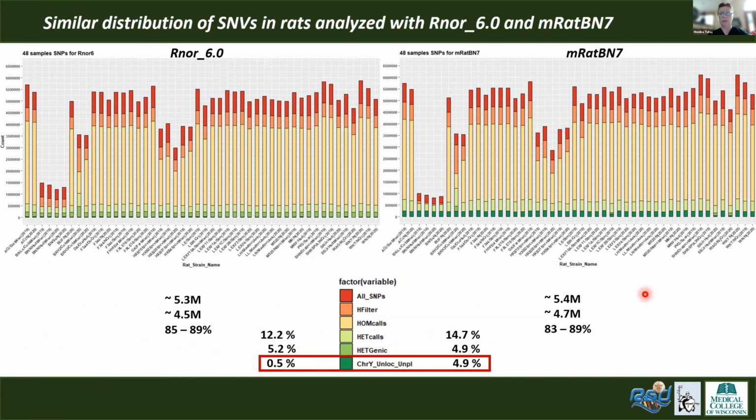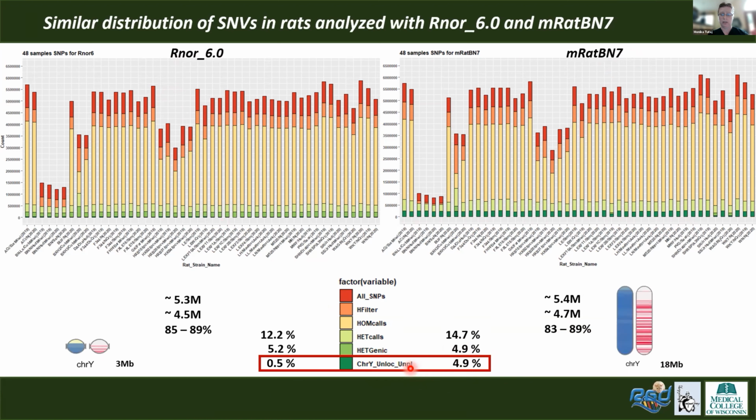If I look in detail at the heterozygous calls, here I'm showing a comparison between both references. There are not many differences in general, but there is one thing I wanted to point out. Five percent of these heterozygous calls, which are dark green here, are located in chromosome Y and unlocalized and unplaced contigs. So that's interesting.